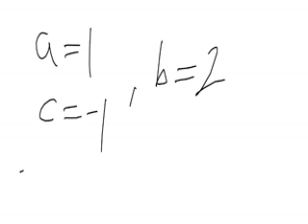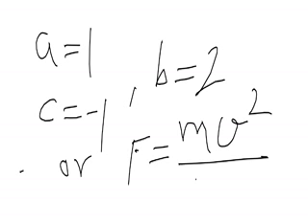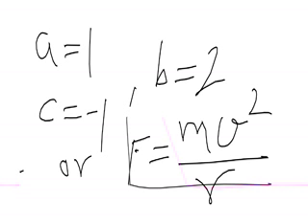So we have F equal to m v square by r. This was the value of a, b, c, and once we put the value of a, b, c in the given form of centripetal force, we have this formula: force equal to m v square by r.